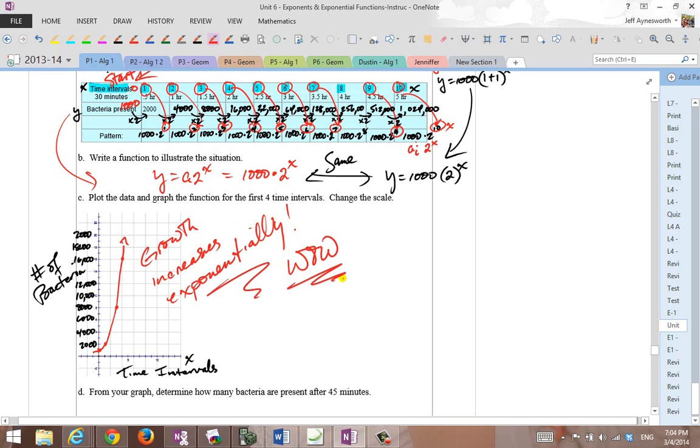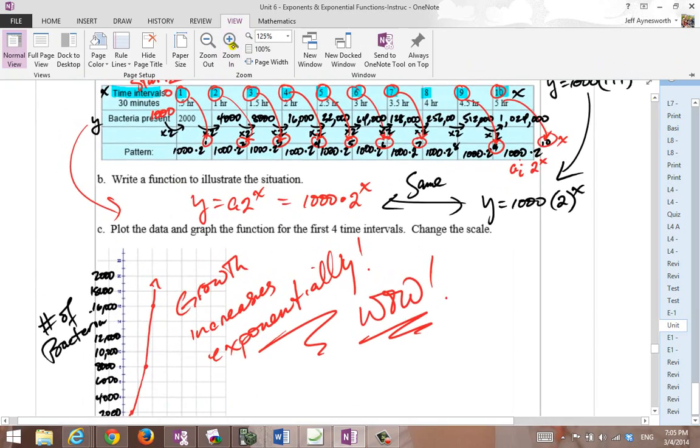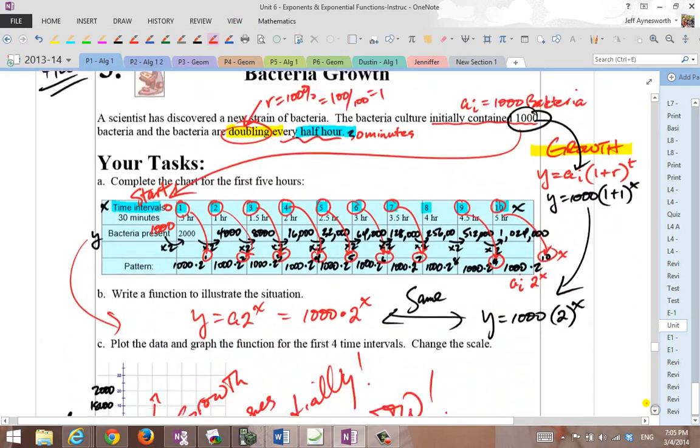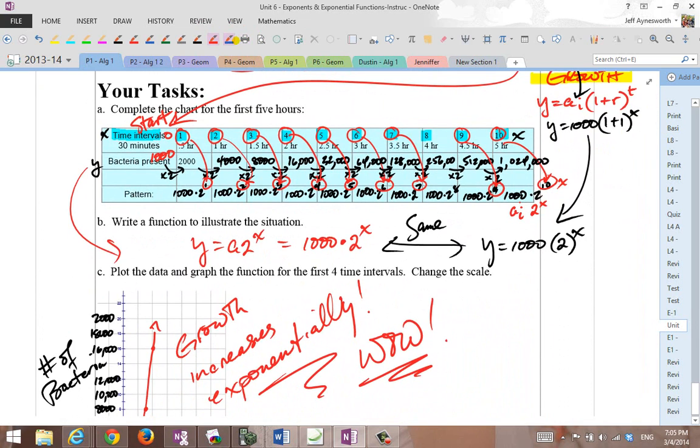Now, from your graph, determine how many bacteria are present after 45 minutes. Well, that's not in the table, is it? Because we have data at half an hour, which is 30 minutes, and at 60 minutes. Let me increase this so you can see things better again. We know that 45 minutes is right in the middle. If this is 30 minutes and this is 60 minutes, then 45 minutes is in the middle.